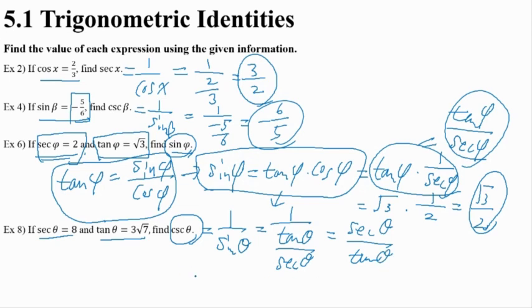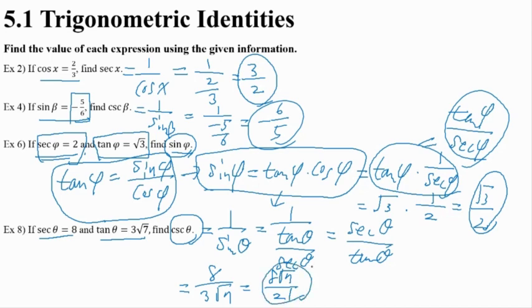So cosecant means secant, which is 8, over tangent, which is 3 square root 7. Rationalize this time: multiply numerator and denominator by square root 7, which gives 8 square root 7 over 21.